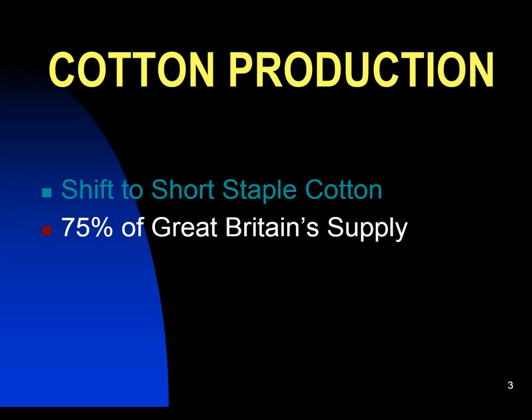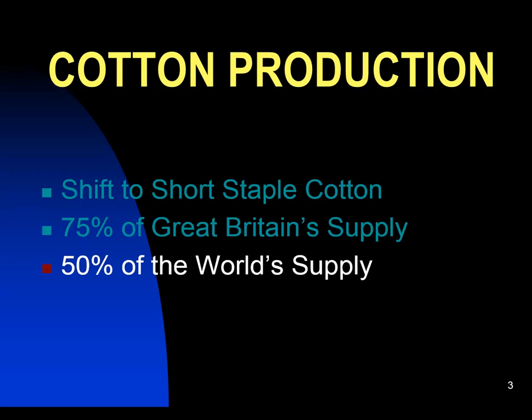And they were the huge manufacturing capital of the world at this time, especially in textiles. So it was like, as much as we could produce, they would buy it. Great Britain may be the textile capital of the world, but there's other places that are producing textiles as well, and we were supplying 50% of all of the world's cotton.